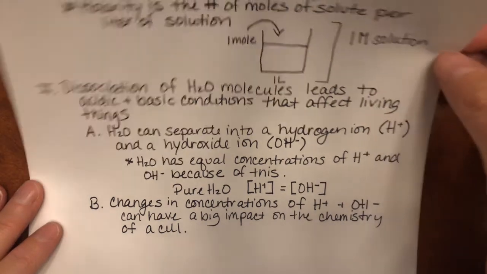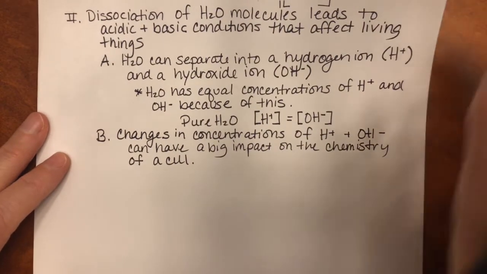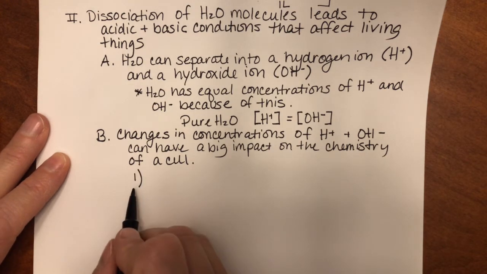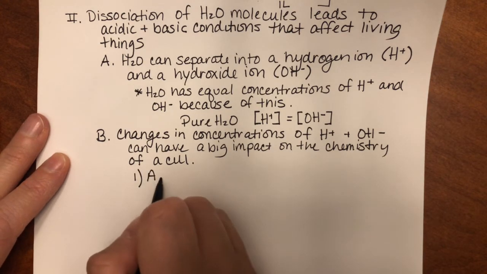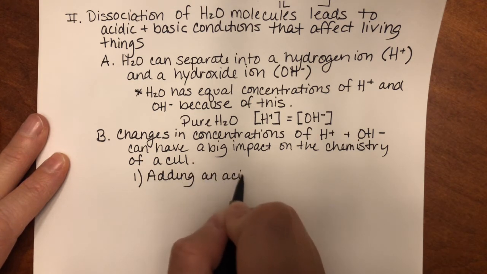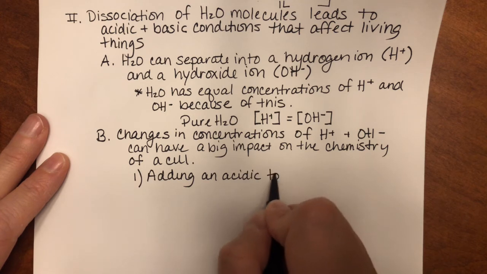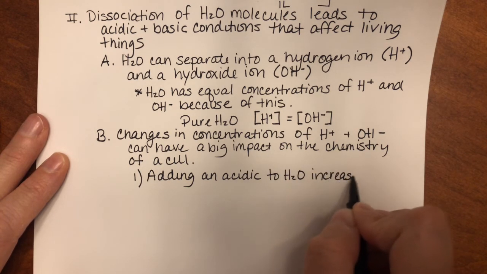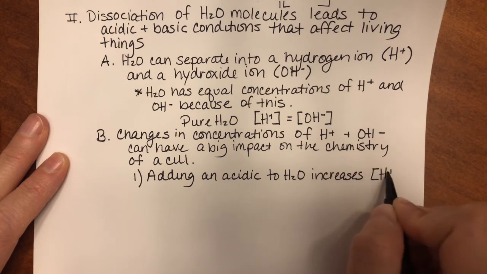All right, so let's talk about what happens when an acid is added. Underneath B here, I'm going to put 1. Adding an acid to water, what happens? It increases the hydrogen ion concentration.